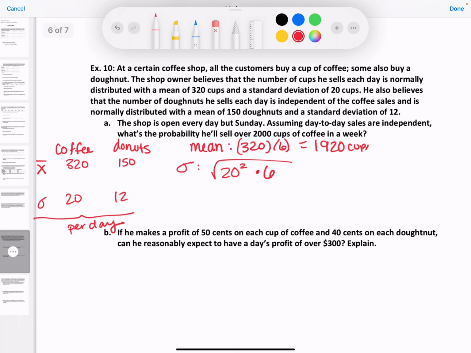Then we can take the square root of it. So it's 400 times 6, 2,400. 48.99. So we'll make that 49 cups then.